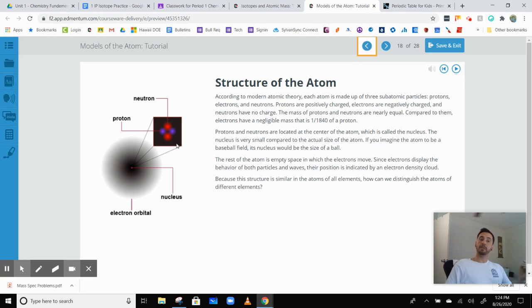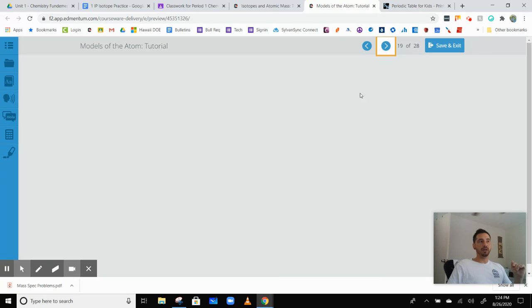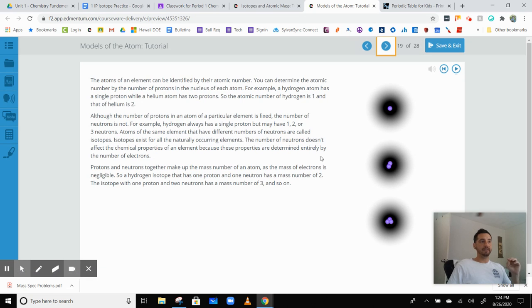Okay? Atomic mass is a little bit different. Atomic mass is a weighted average of all the isotopes of an element. Now, isotopes are when the number of neutrons change, but the number of protons stay the same. Okay, so the number of protons really determines what the identity of an element is. So the atom's element identity is identified by its atomic number.